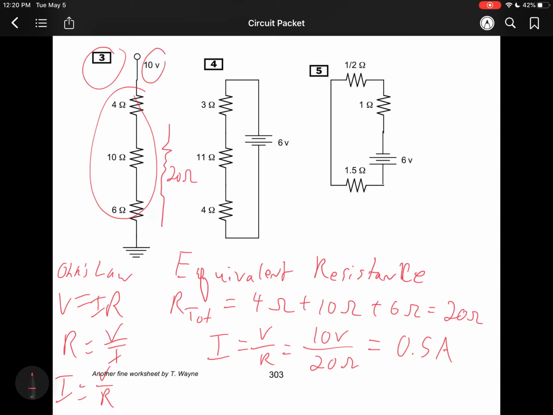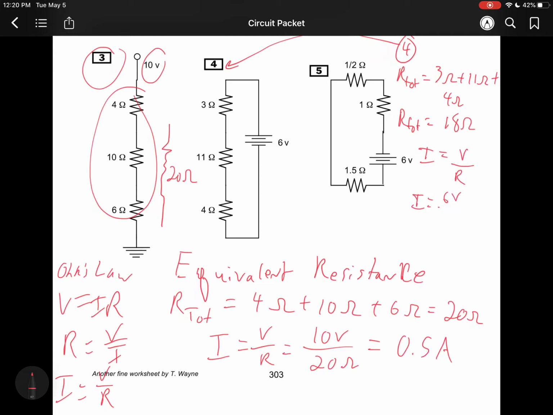Let's do another one, number 4 here. So for 4, that's going to be total resistance is 3 ohms plus 11 ohms plus 4 ohms. Total resistance is 18 ohms. Current is going to be voltage divided by resistance.